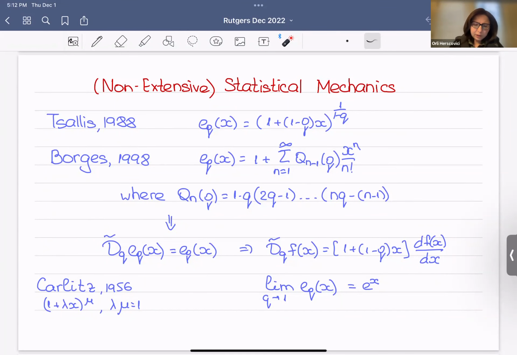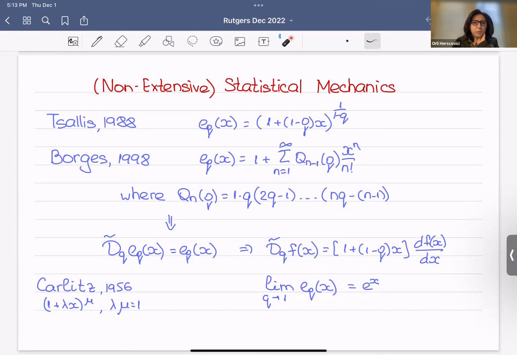Again, if we are talking about calculus, we have here the deformed exponential function, which will be an eigenfunction for another differential operator, which will have this form now, 1 + (1 minus q) times x. And here the derivative will be, again, a Newton derivative. As q approaches 1, our deformed exponential function becomes the classical exponent.